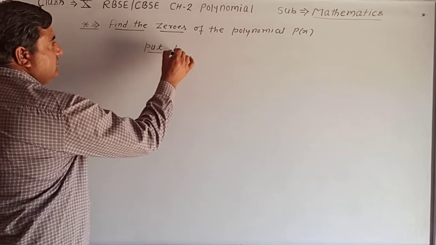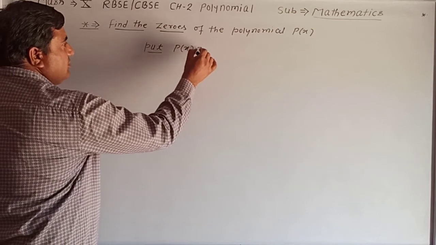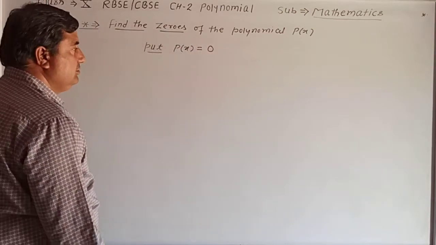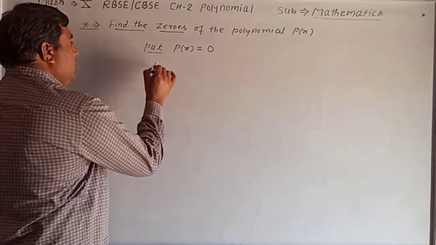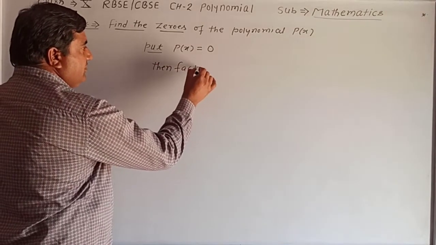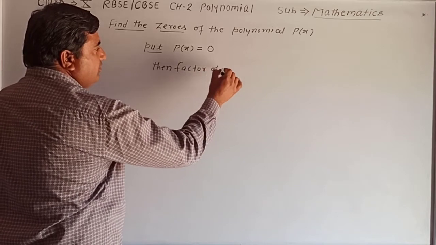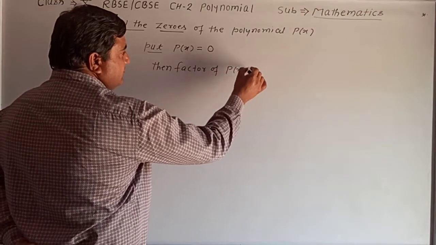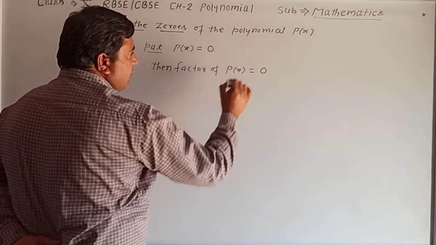Put P(x) equals to 0, then the factors of P(x) equal to 0.